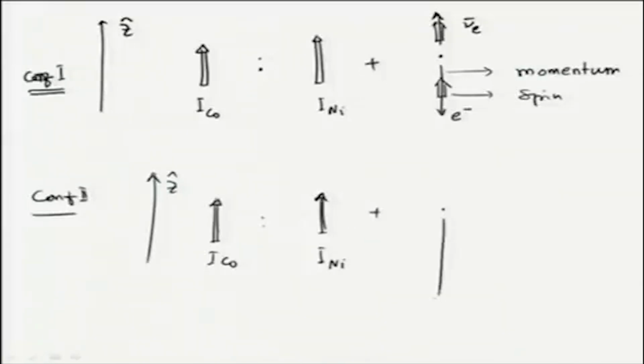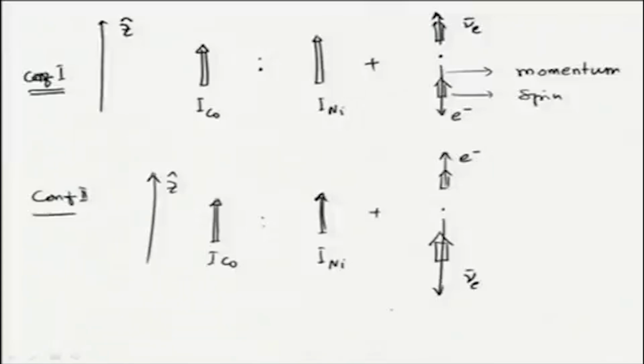Now, the particles which are coming out will again have the same spin directions along the Z direction, but it could be the electron going in the positive Z direction now, and the antineutrino coming out in the negative Z direction.